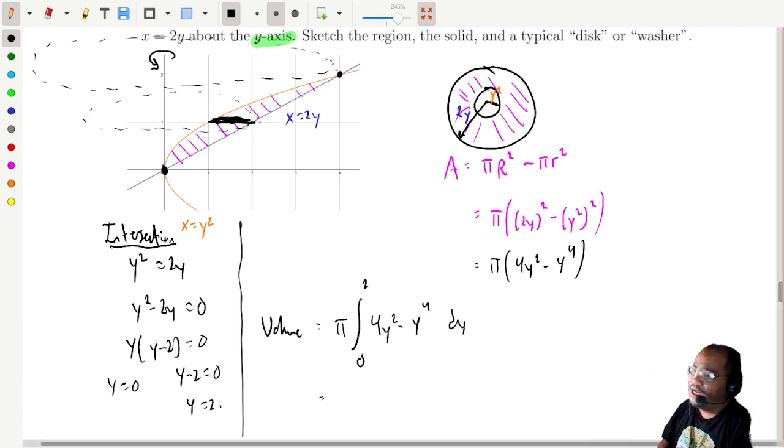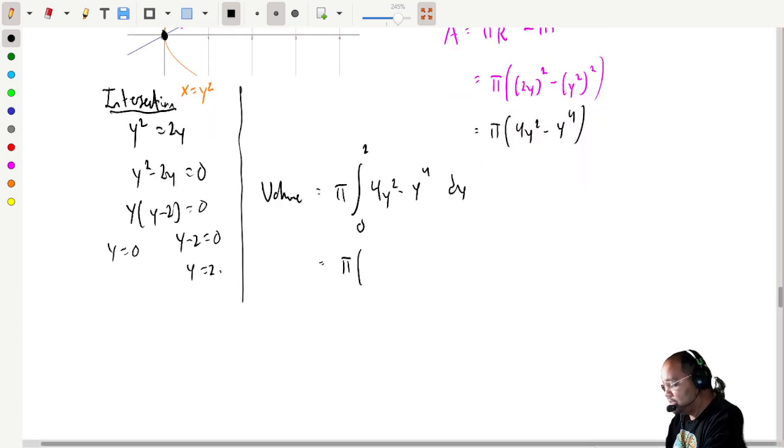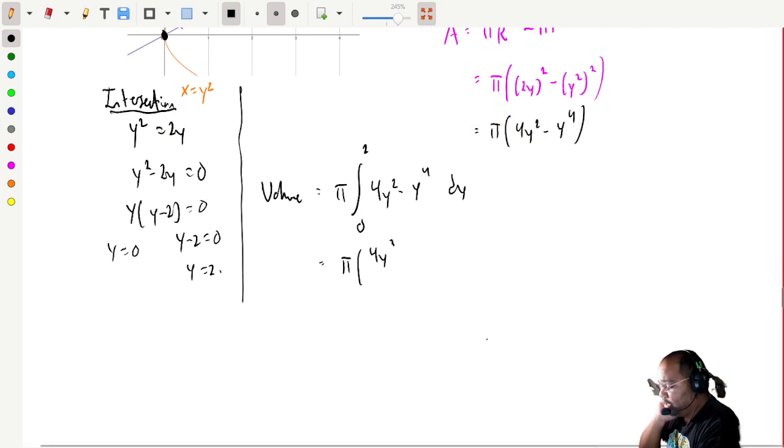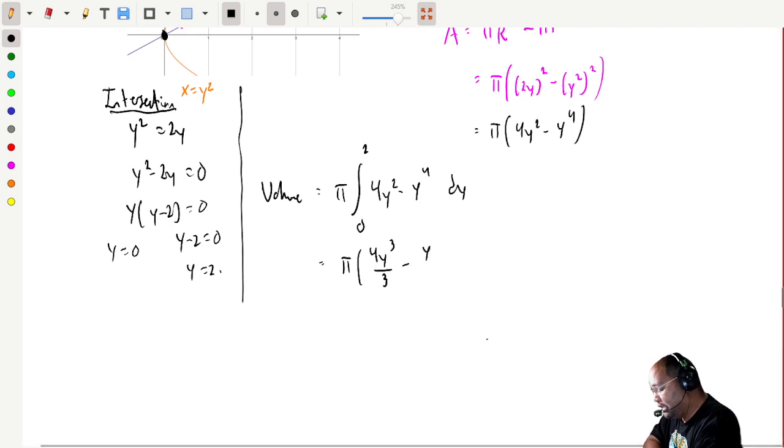It's just more power rule. Pi times an antiderivative of 4y squared: we add 1, 4y cubed over 3, dividing by the new power. Same thing here, add 1 to the power, divide by the new power, y to the 5th over 5.